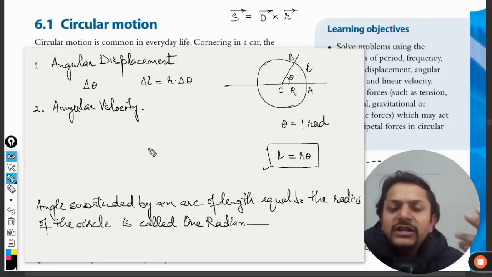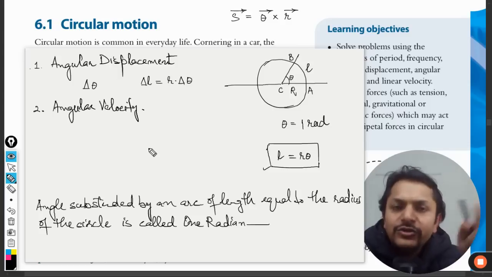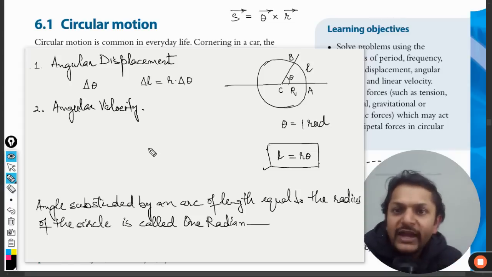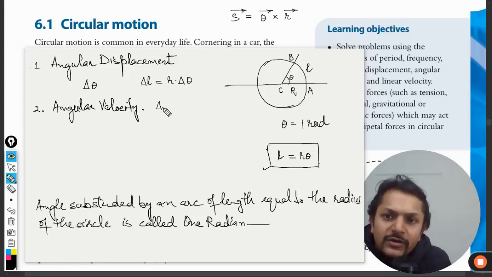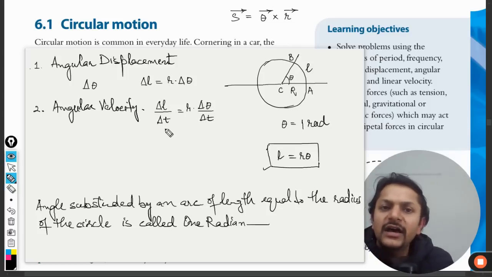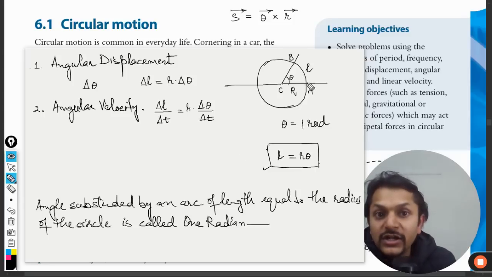Angular velocity is how much angle you are traversing per unit time. It means the same equation has to be divided by the time on both sides. So we are dividing this by time. Delta theta by delta t is omega. And delta L by delta t is, you can say, the velocity, the tangential velocity or the linear velocity.